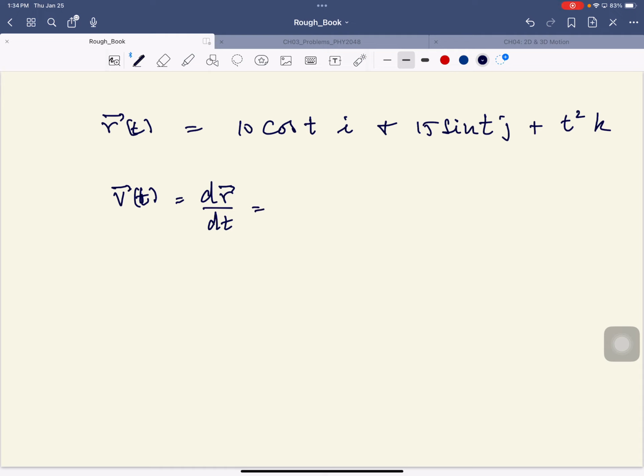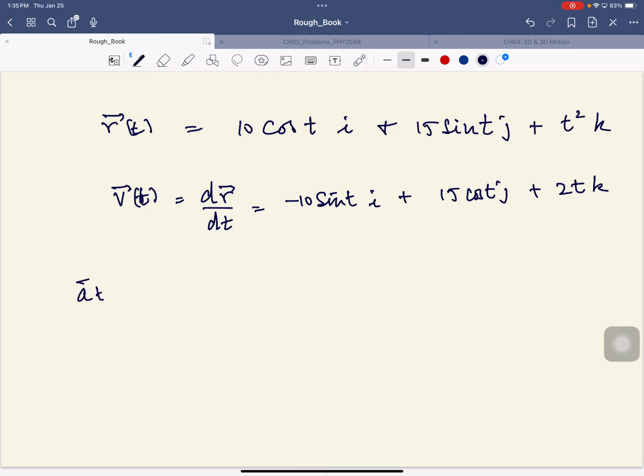So it would be d by dt of this function times i, d by dt of this function times j, and d by dt of that function times k. What is the derivative of cosine t? Negative sine. Very good. What is the derivative of sine? Cosine. And 2t.